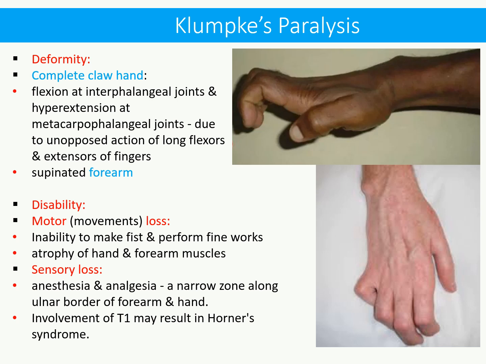This is due to involvement of thoracic 1 segment of the spinal cord, and thoracic 1 segment involvement may lead to Horner's syndrome as well.